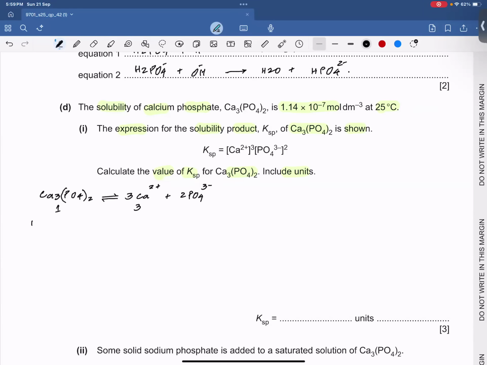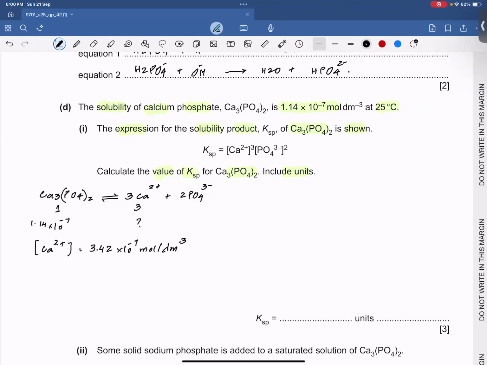When we have 1.14 into 10 to the power minus 7, obviously the concentration of calcium ion is going to be 3.42 into 10 to the power minus 7 mole per dm cube.